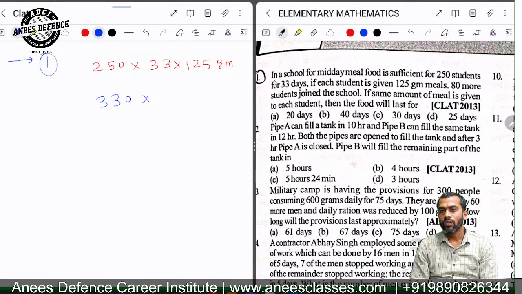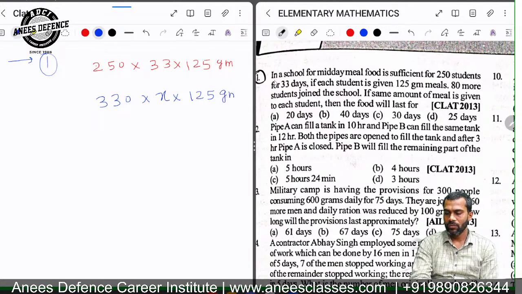Now, if the same amount of meal is given to each student, let the number of days be X. Into again every student, the same amount of meal will be given, I mean, 125 gram. So both should be equal. Why? Because the same amount of meal was given in both the cases. So we need to equate this. We'll get the value of X. Yes or no?